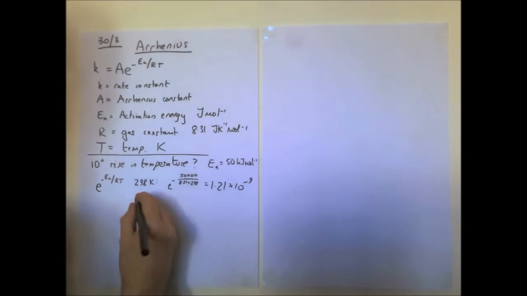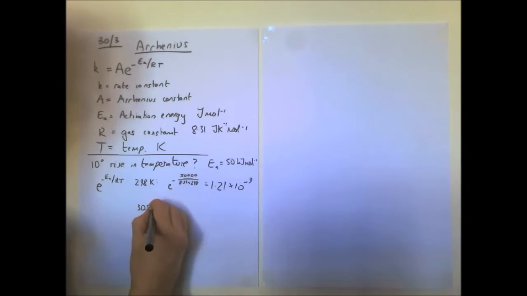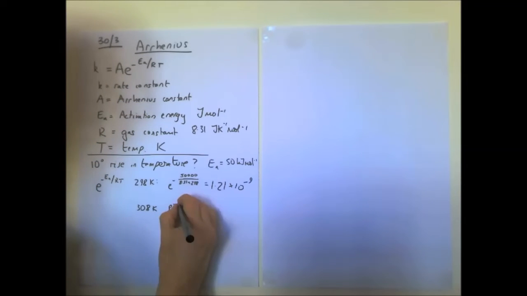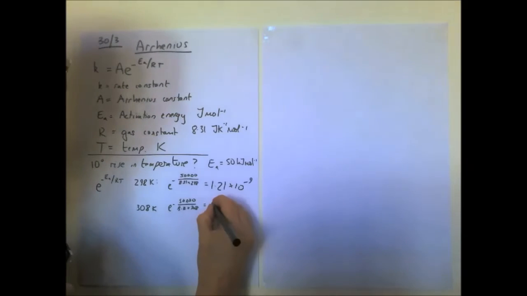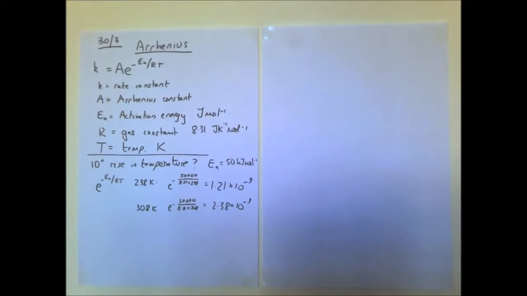And if we do it at 10 degrees higher, so at 308 Kelvin, that's 35 degrees centigrade, of course, then we get e to the minus 50,000 over 8.31 times 308, which is 2.38 times 10 to the minus 9.